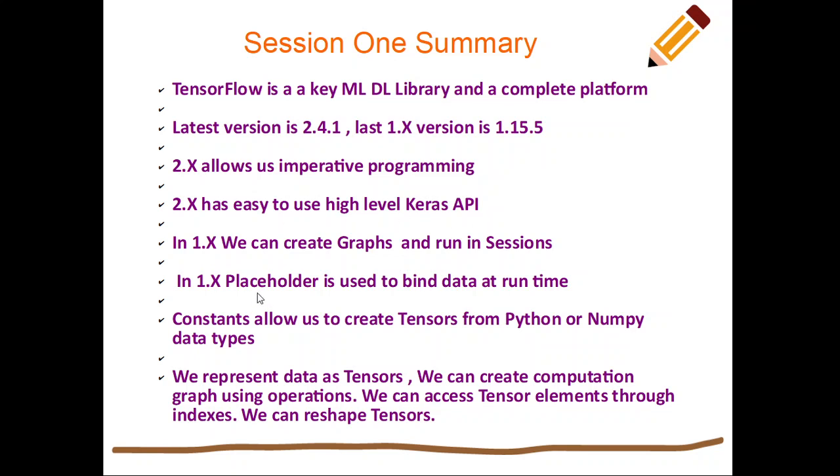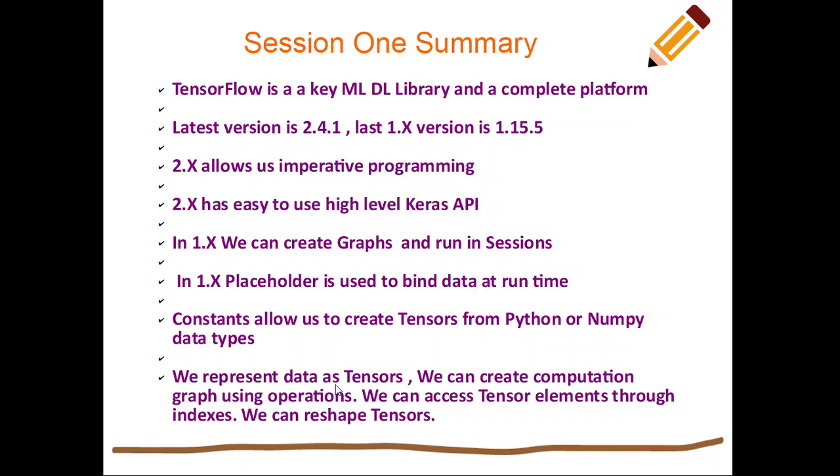In 1.x, we can create graphs and run them in sessions. In 2.x, it is not required. In 1.x, placeholder is used to bind data at runtime. In 2.x, you don't need it. Constants allow us to create tensors from Python or NumPy data types, and the names are consistent. And then we represent data as tensors.